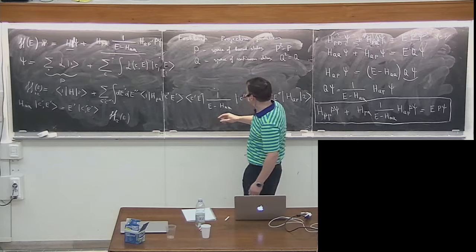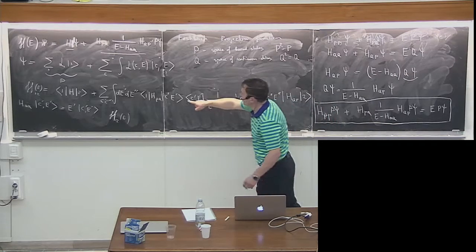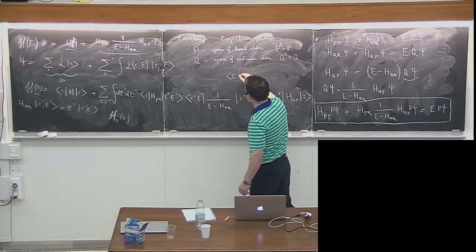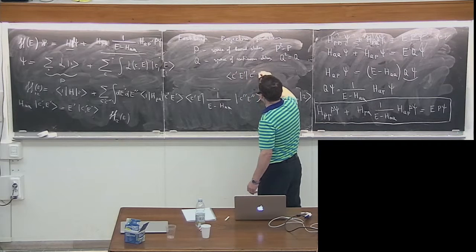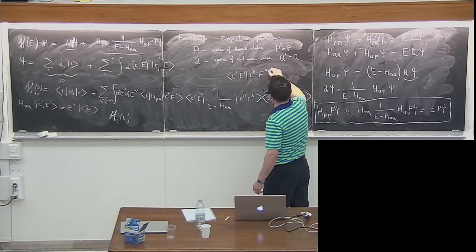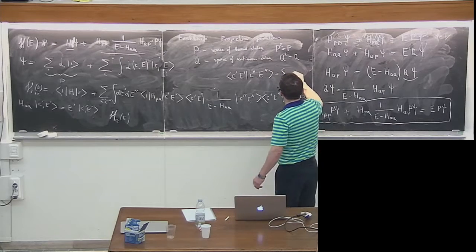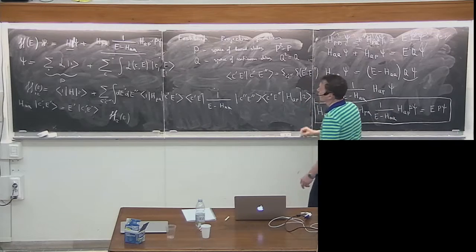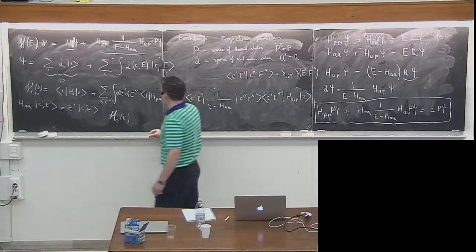The second simplification is that the overlap between the states C prime, E prime and C double prime, E double prime gives me a delta function of the channels, and a delta function of the running energy. This is a normalization condition for these states.